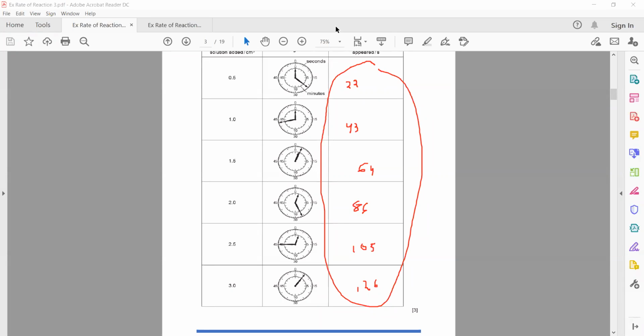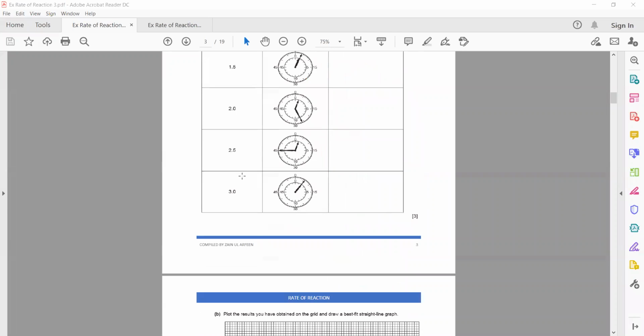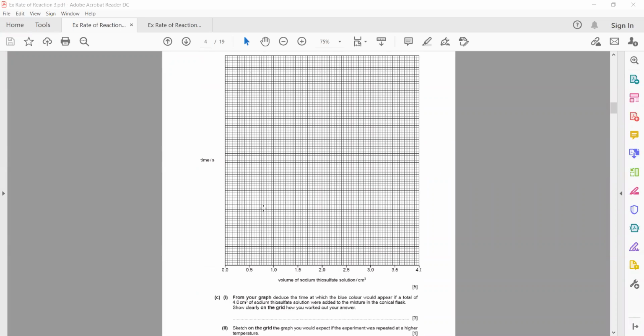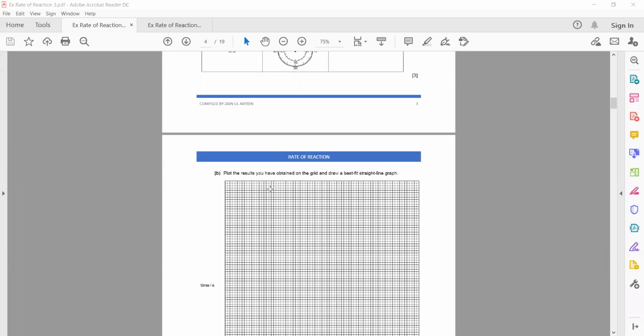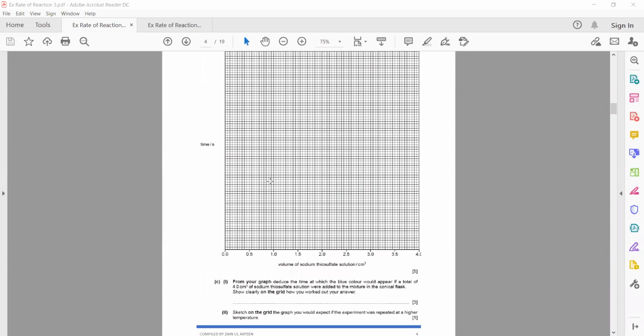If your scale starts from 0, it should go from 0 to 130 or 140. I will work out the points using the time interval and plot a best fit straight line graph.